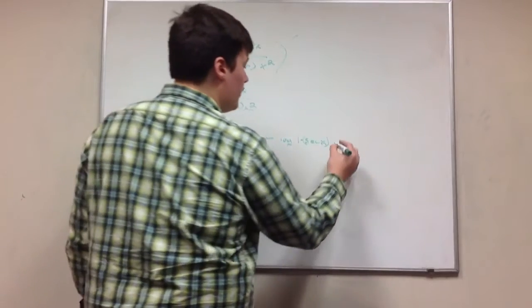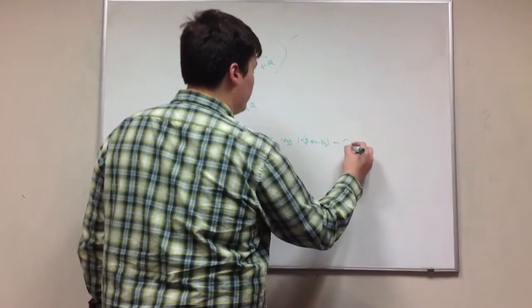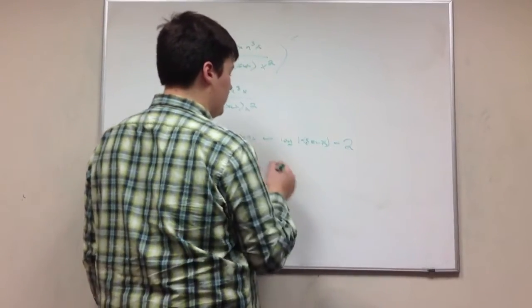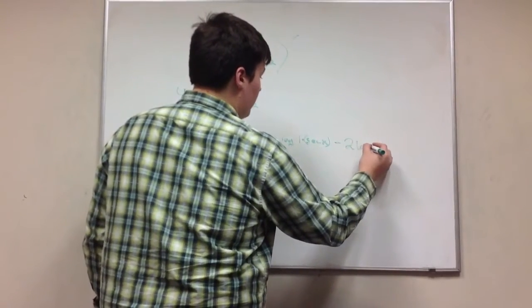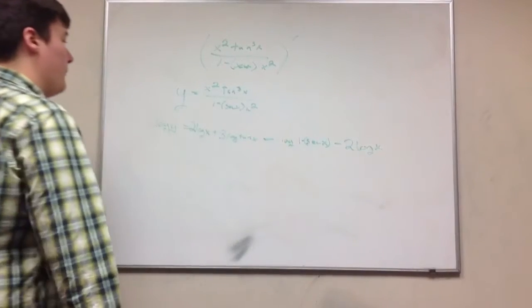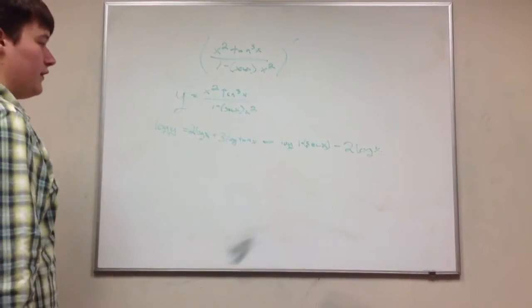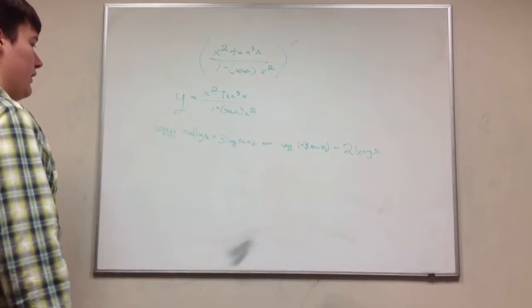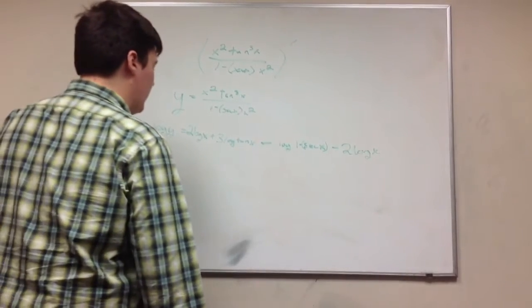And I'm going to keep the subtraction going because this x squared is still divided. We can pull the 2 out, so minus 2 log x. Simple enough. Now we just have to get rid of these logs.